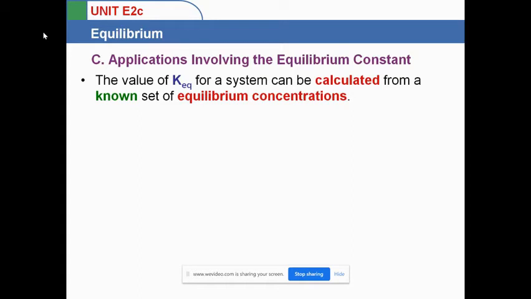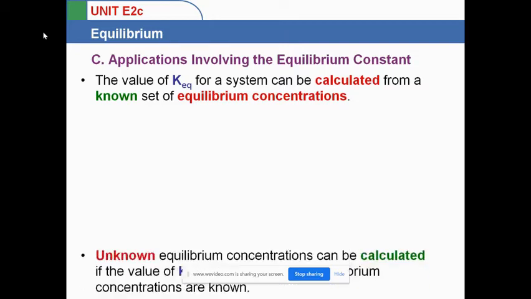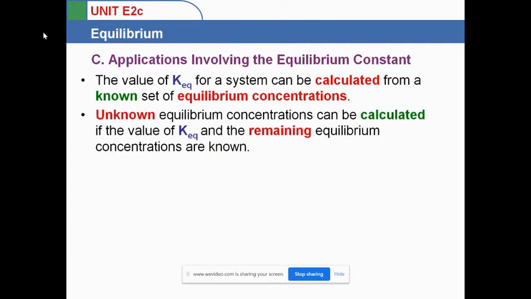Some of the problems, though, if I give you the KEQ and all but one of the concentrations, using algebra, you should be able to rearrange the equation and solve for the unknown. I've given you a sample problem video of that as well.